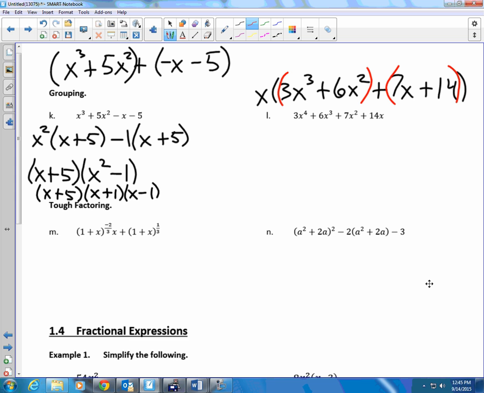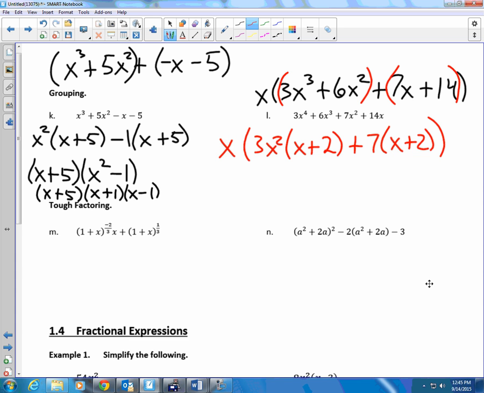What can you take out of the first set? 3x squared. What are you left with? x plus 2. Plus, what can you take out of the second set? 7. Left with x plus 2. Cool.